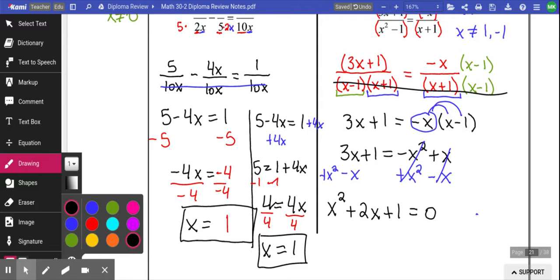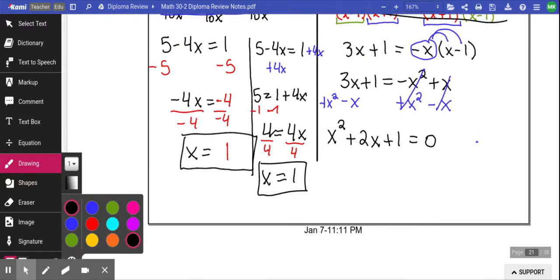There are 2 ways to solve quadratics. Way number 1 is factoring them. If you're comfortable with factoring them, I suggest that you do. So looking at that thing, if I was to factor it, I would use diamond method. Numbers that multiply to be 1 and add to be 2 would be 1 and 1. So this is x plus 1 times x plus 1 equals 0.